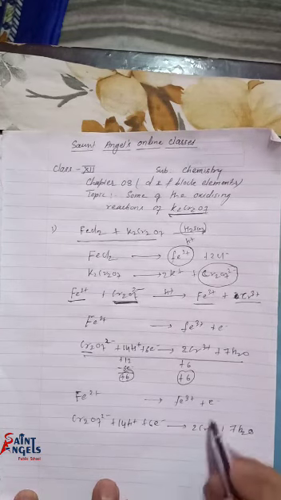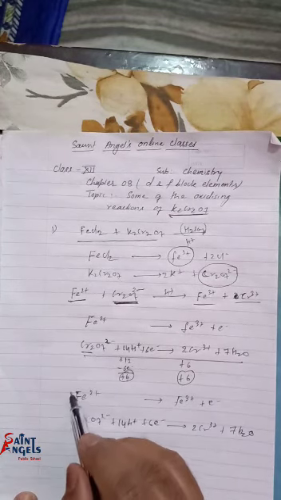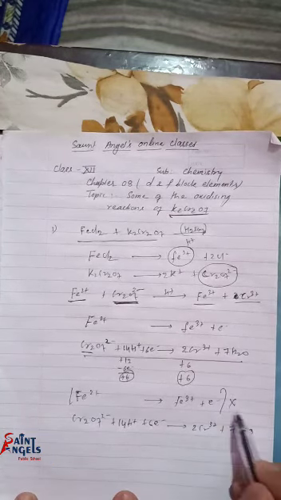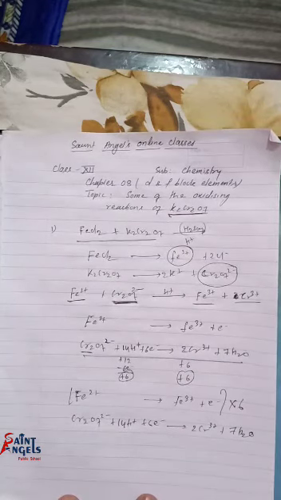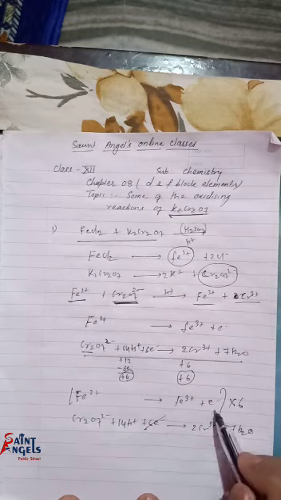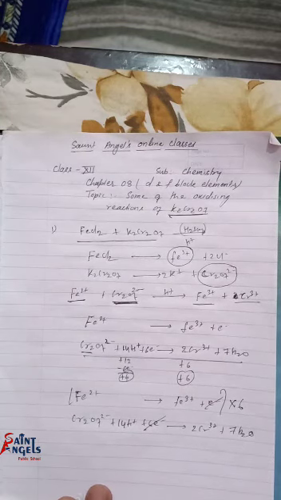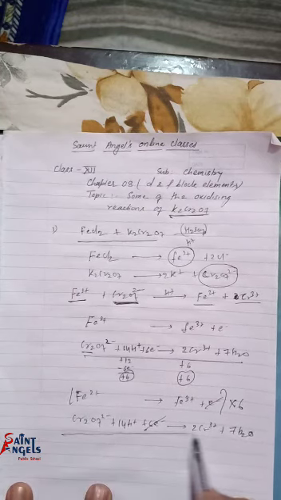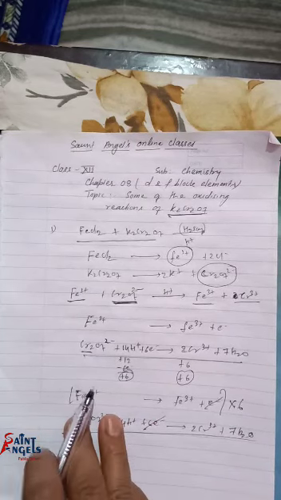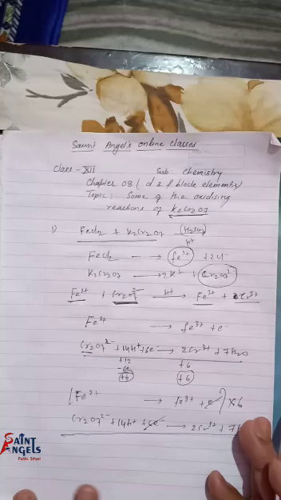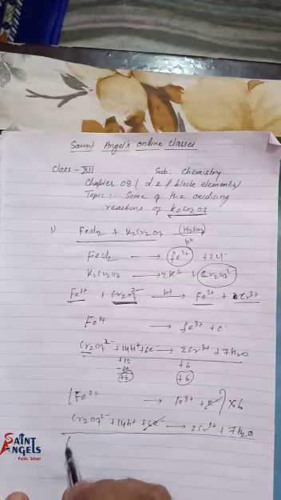Now you have to cancel the electrons, so you multiply this whole oxidation half reaction by 6. So the 6 electrons and 6 electrons cancel, and now you add the reactions, all reactants on the left and all products on the right.